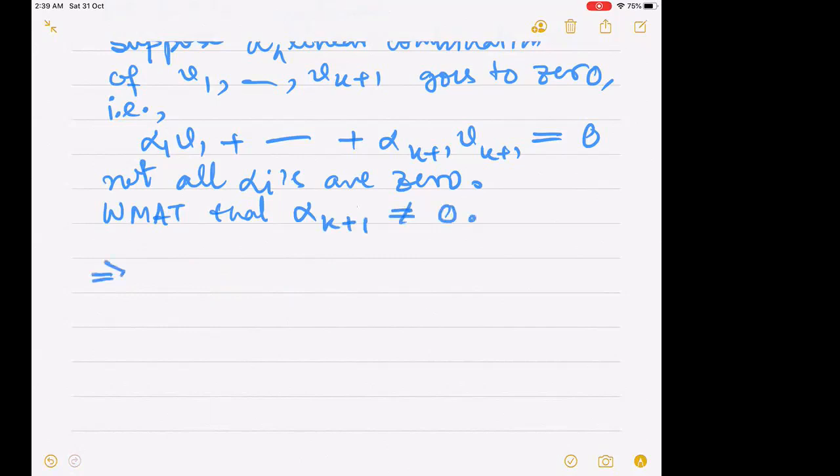Then this implies Vk plus 1 can be written by dividing by alpha k plus 1, and writing it like this.